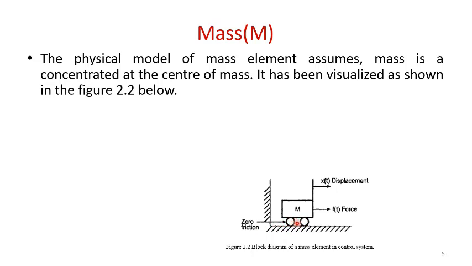This is a friction element, and the direction of the applied force is given with an arrowhead, showing in which direction the force is applied on the mass. In the same direction there will be a displacement because of the direction of motion.